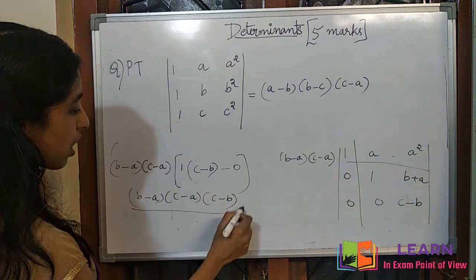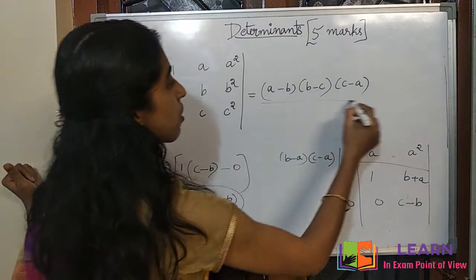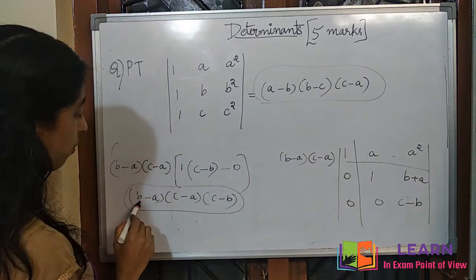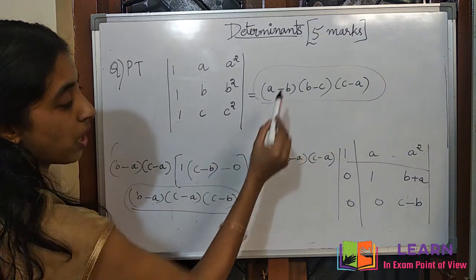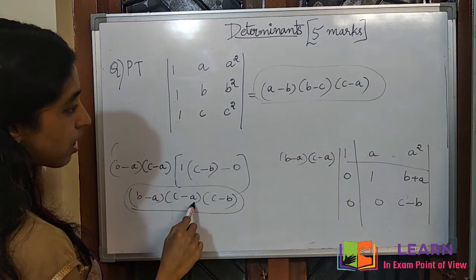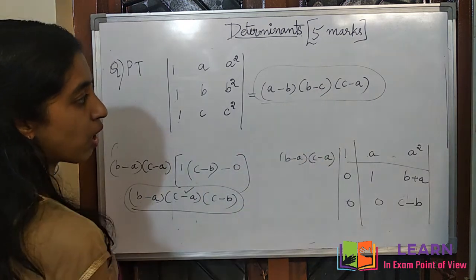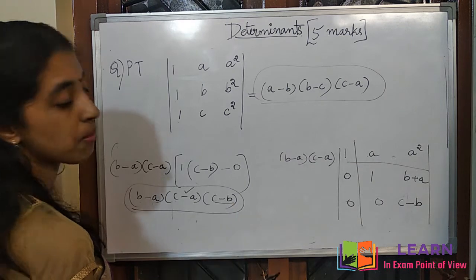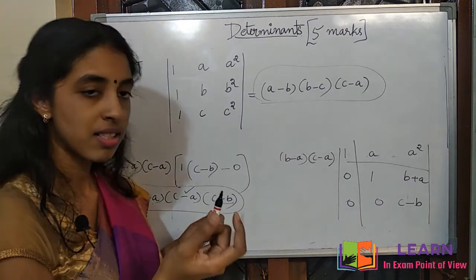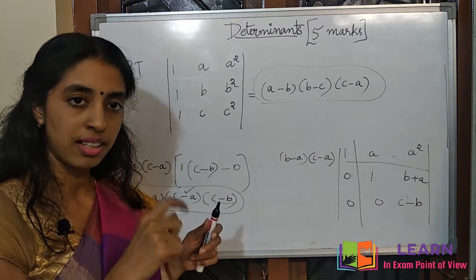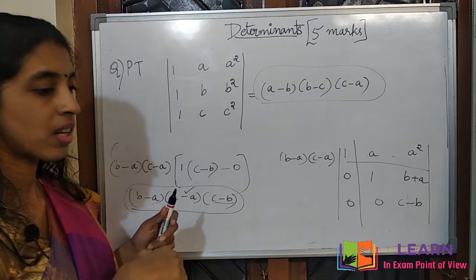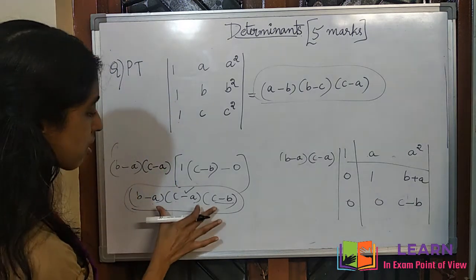So just to check whether this answer relates to the right side. Here we have b minus a, there we have a minus b. Here we have c minus a, so this term is correct. Here we have b minus c, but we have c minus b, that is, there is a change in negative sign in two terms. So just take a negative outside from these two terms.